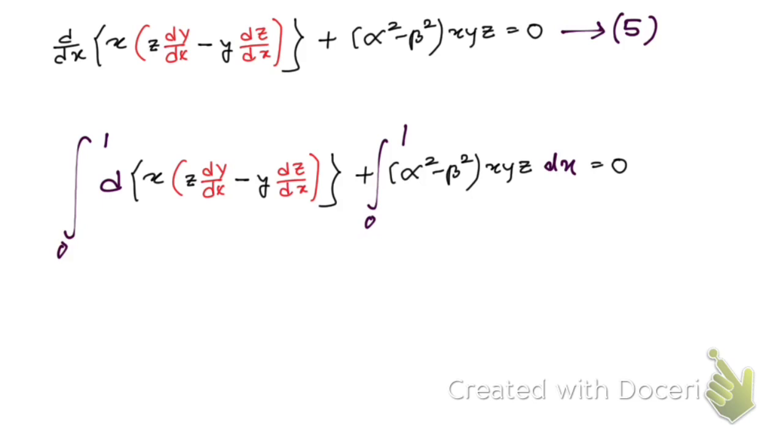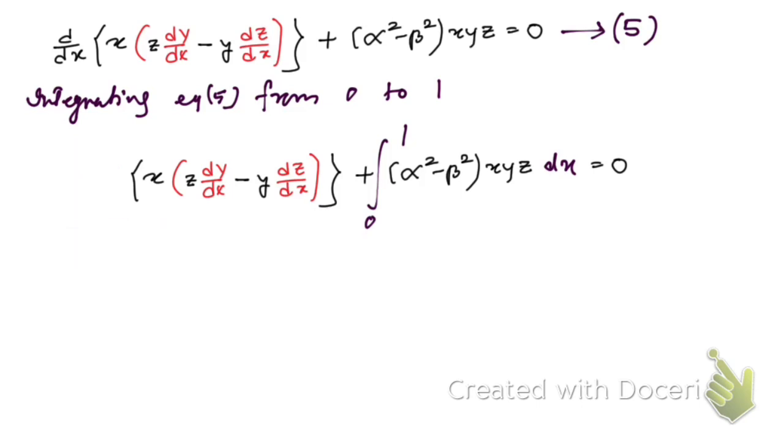So integrating equation number 5 from 0 to 1, this differential coefficient will be removed, right?